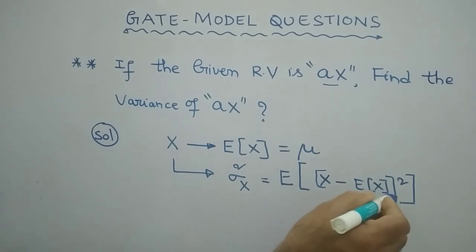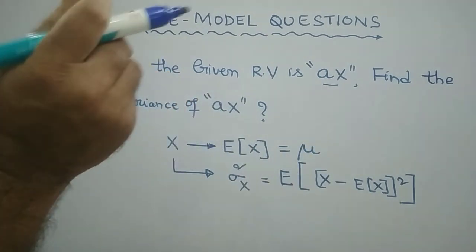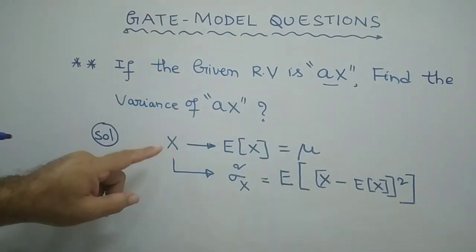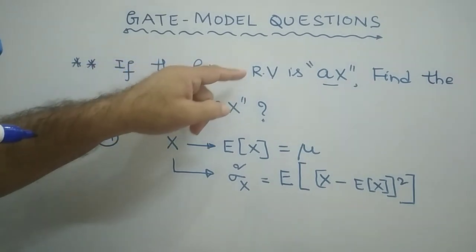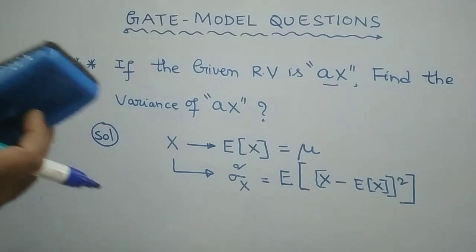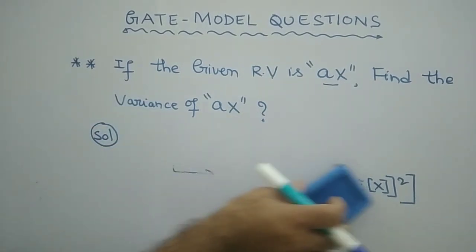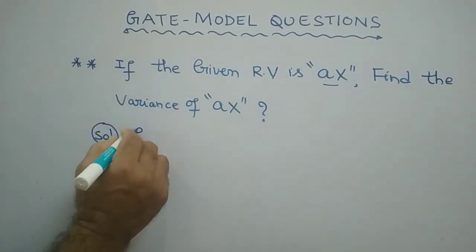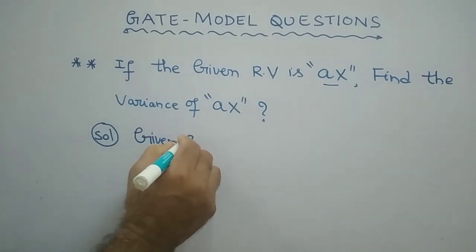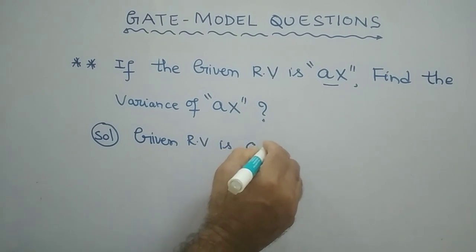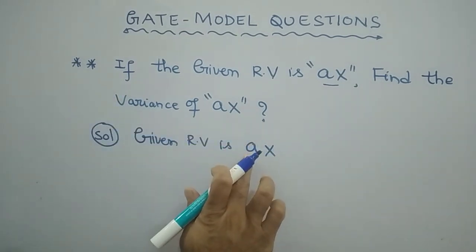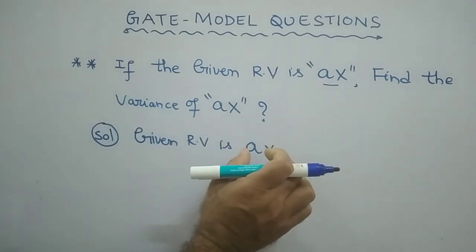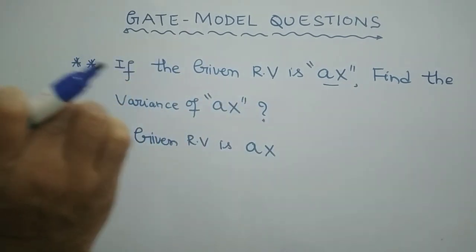Now, in the given problem, the random variable is a into x, where a is a constant, any positive constant. x is a random variable, multiplied by some constant a. So the overall a into x shall be considered as a random variable.